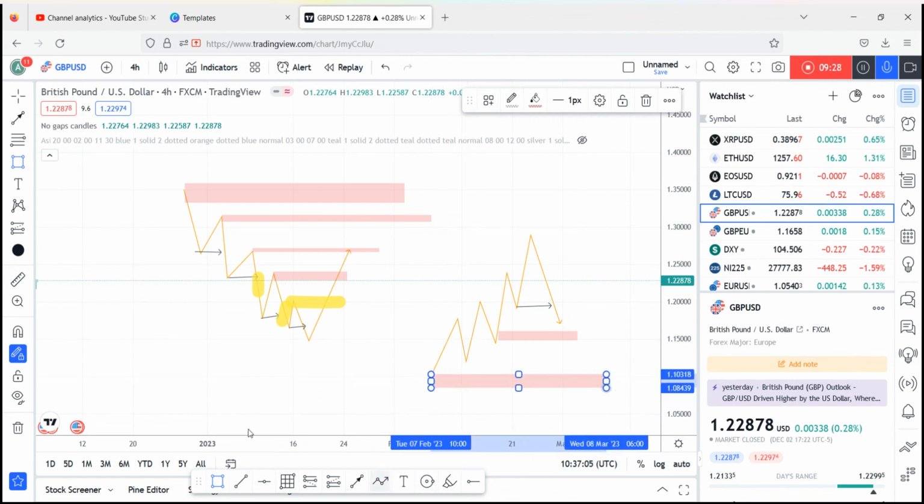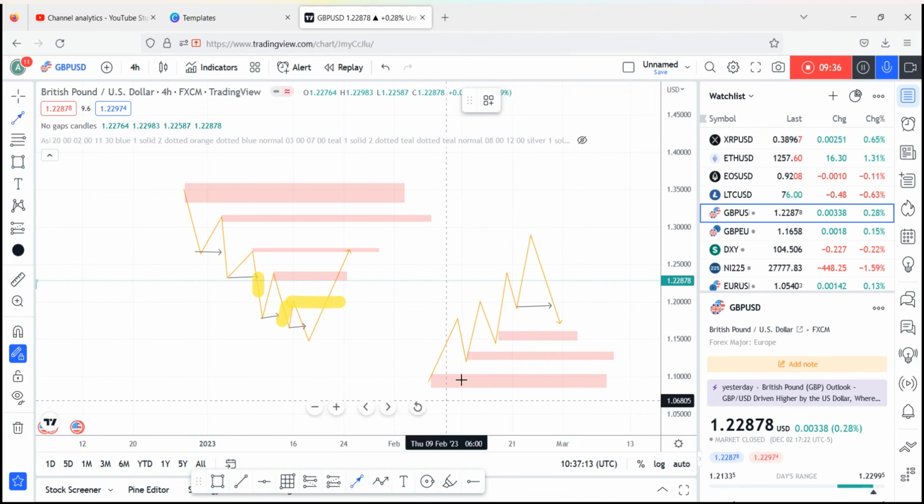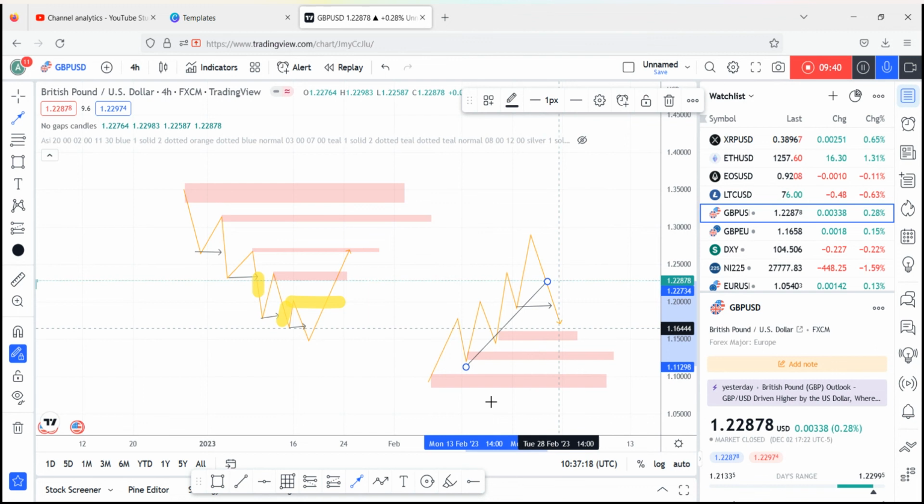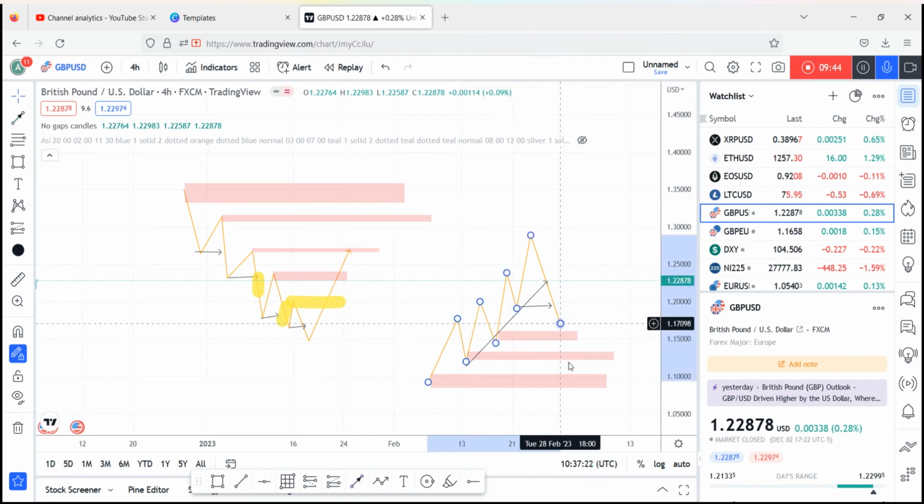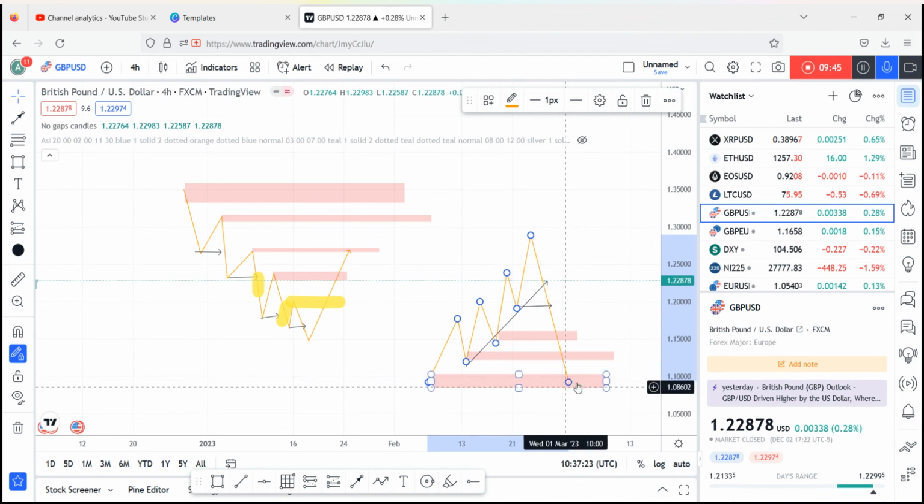Don't use this order block also, like this order block. Why? Because this is a trendline liquidity. There are a lot of chances that your stop loss can get hit, right? This is how it works.